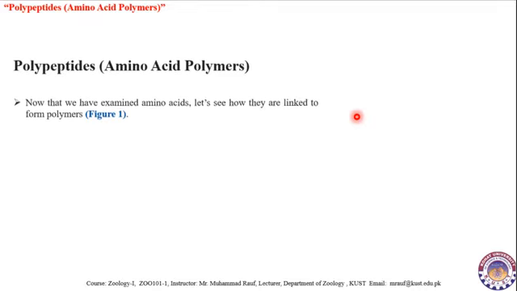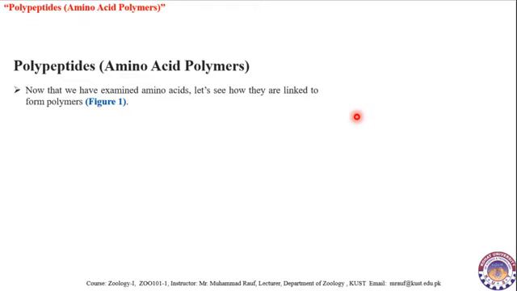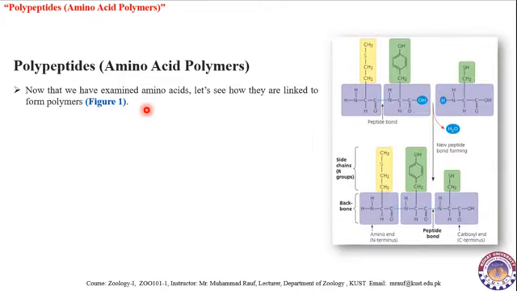Introduction. Now that we have examined amino acids in our last lecture, let's see how they are linked to form a polymer. Polymer is a molecule made up of several identical repeating units or monomers. So on the right side of your screen you can see a peptide bond in formation.